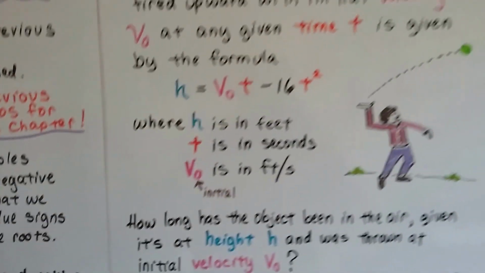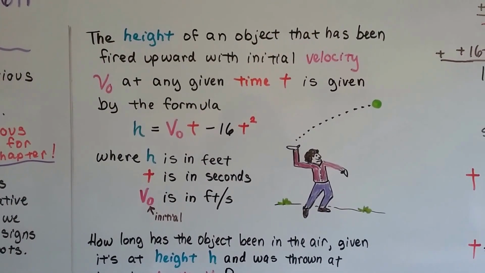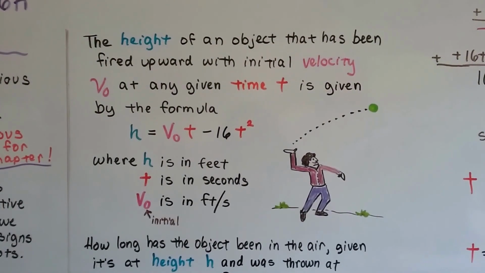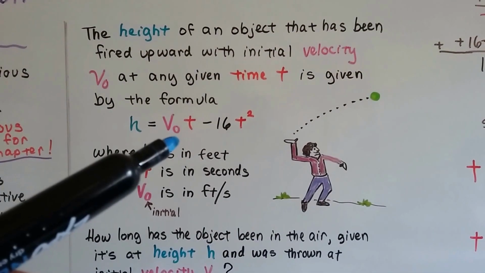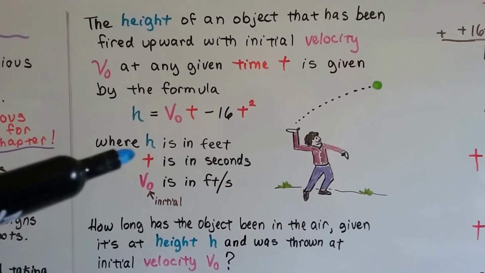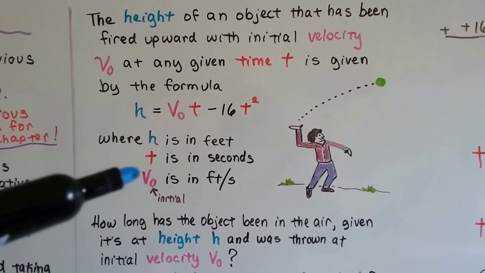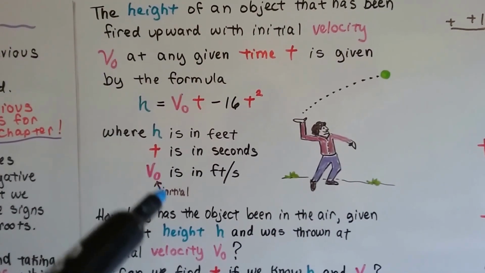So we've got our little guy throwing a ball here. The height of an object that's been fired upward with an initial velocity, v sub 0, at any given time, t, is given by this formula, h equals v sub 0 t minus 16t squared. The h is in feet, the t is in seconds, and this v sub 0, this subscript 0 means initial.